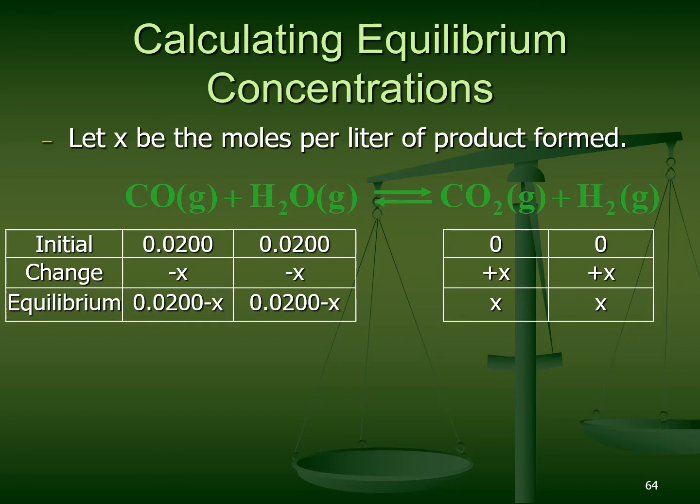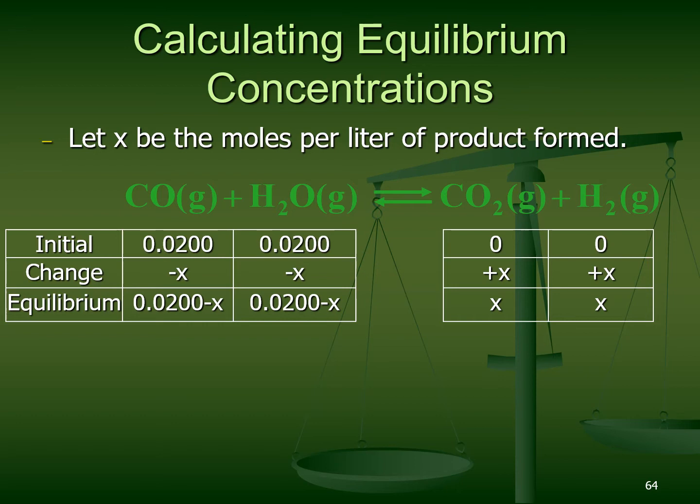Now, we don't know how much CO is going to react. We don't know how much H2O is going to react. We don't know how much CO2 or H2 will be produced, but we do know how they're related to each other. This is a nice simple one because everything has a 1 for a coefficient. So if we lose one CO, we will also lose 1 H2O. We will gain 1 CO2 and we will gain 1 H2.